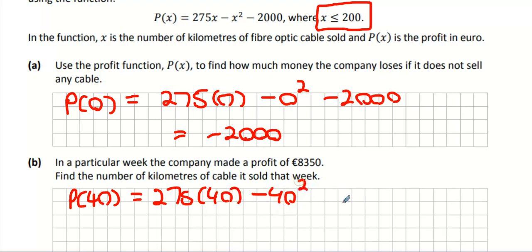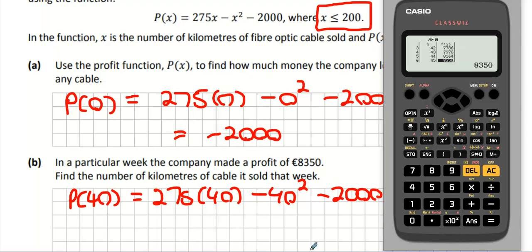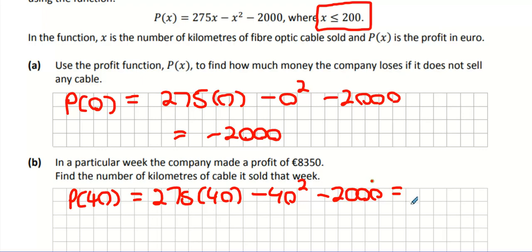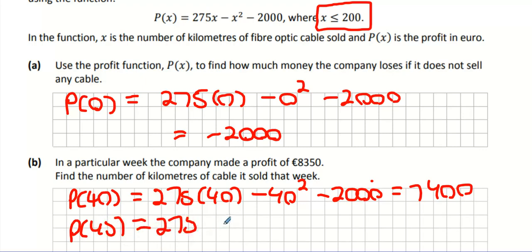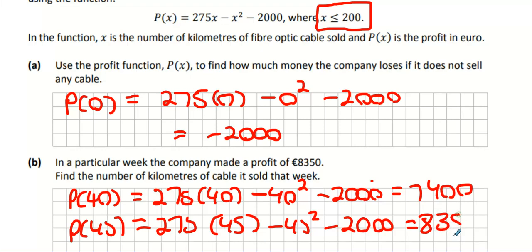You say, oh, I tried 40, and the answer was 7,400. Then I tried 45, and when I tried 45, all of a sudden I figured out that the answer was 8,350. Is that okay with you guys? That's one way of doing it.